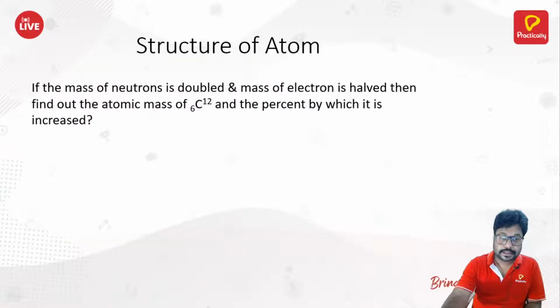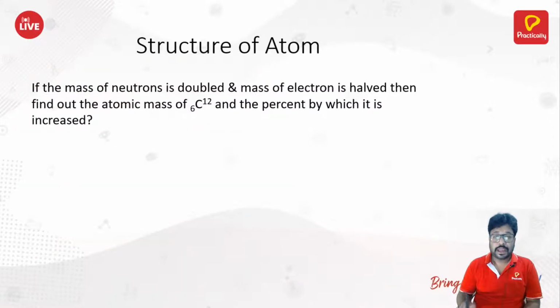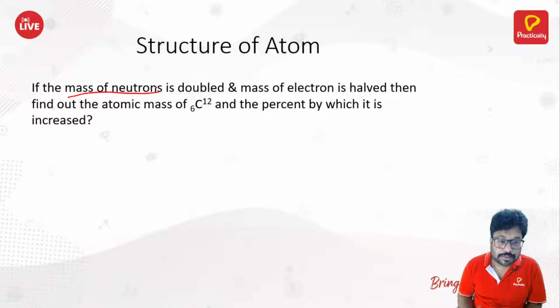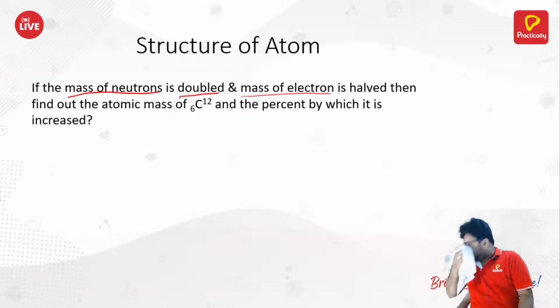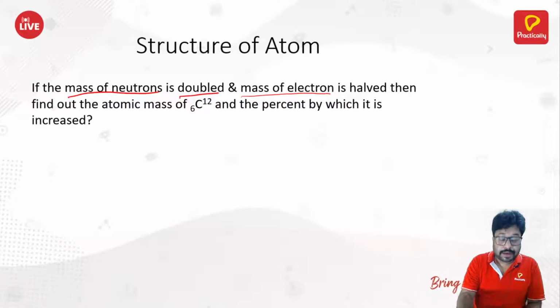Moving ahead, let's solve some questions based on that. See, if the mass of neutron is doubled and the mass of electron is halved, then find out the atomic mass.